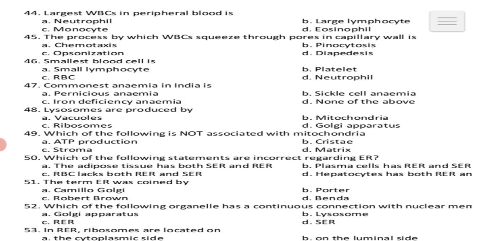So option A is the correct answer. Option B, plasma cells have both RER and SER. Yes, it is correct. Hepatocytes have both RER and SER. It is also correct. RBC lack both RER and SER. It is also correct. So option A is the correct answer for question number 50.